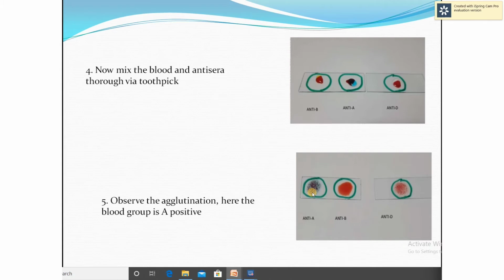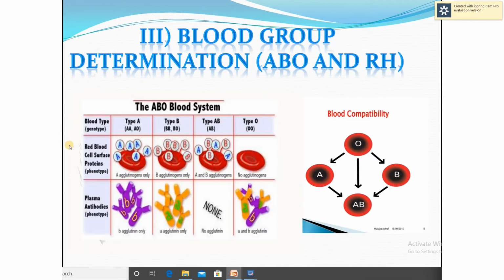As the agglutination is happening in the A part and the D part, the blood group is A positive. I have told you that the antigen exposed on the surface of the RBC determines your blood group.